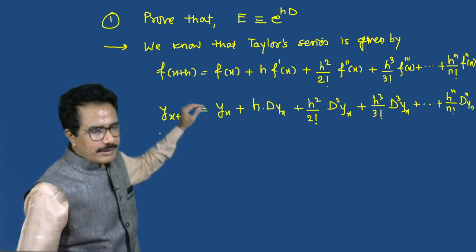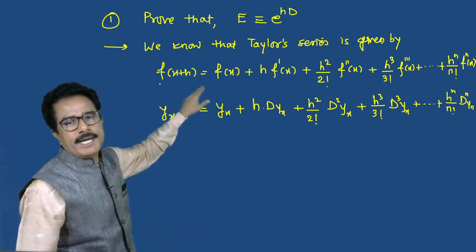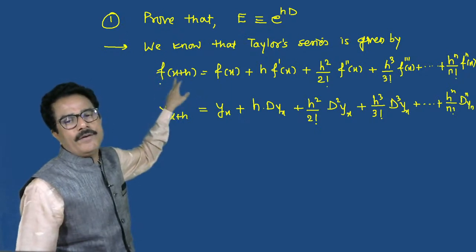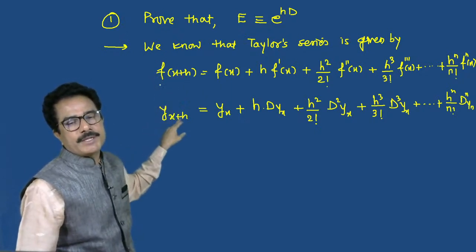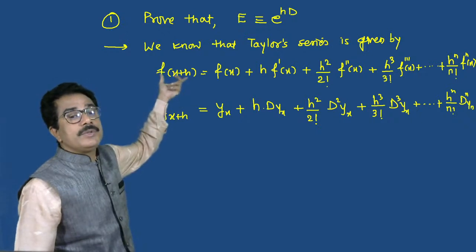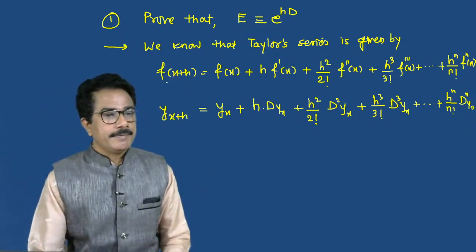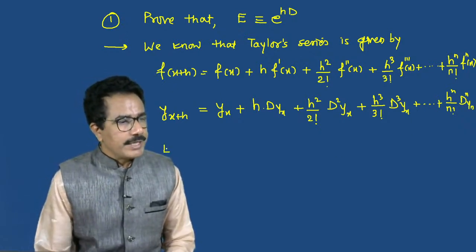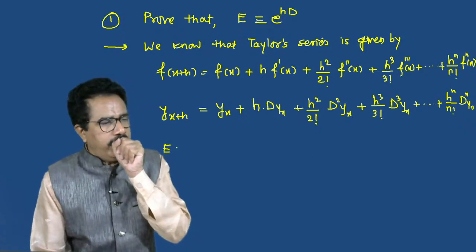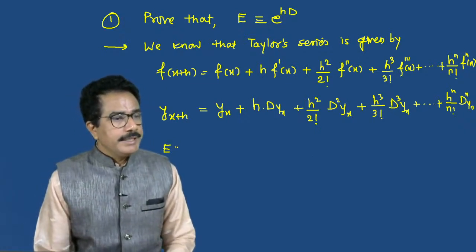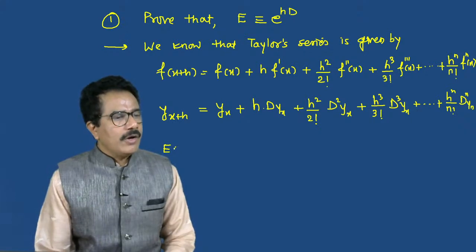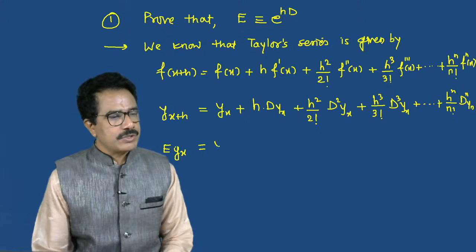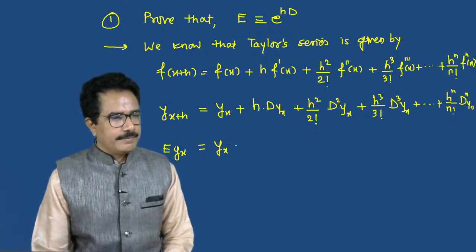Now see this, on the left side we can write E of x plus h. Sorry, f of x plus h or y of x plus h. F of x plus h, you know that the shift operator E, suppose this is 1, f of x plus h means we can write E of f of x or E of y of x. We can write E of y of x is equal to y of x.